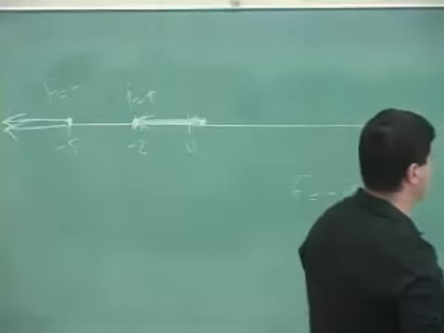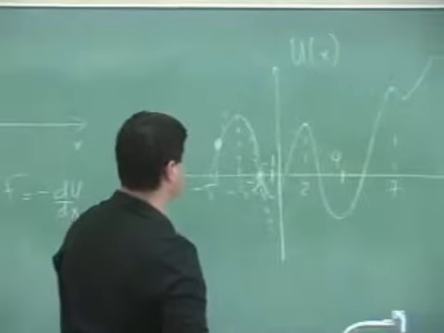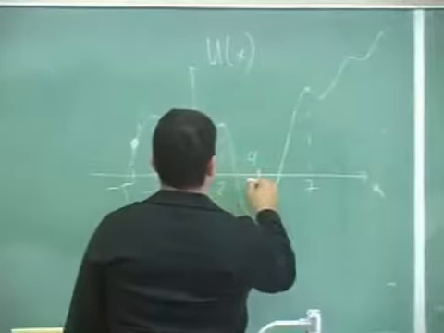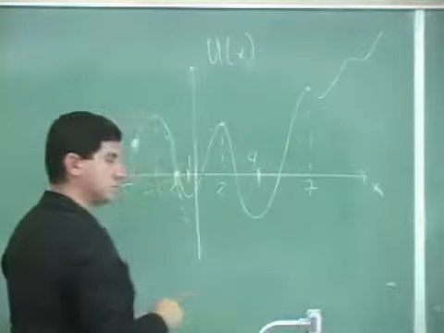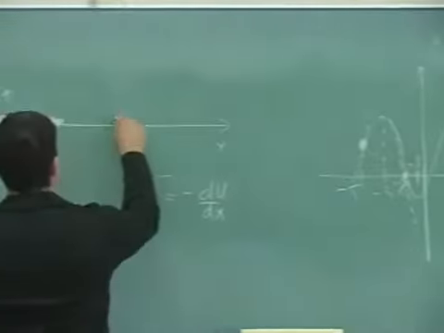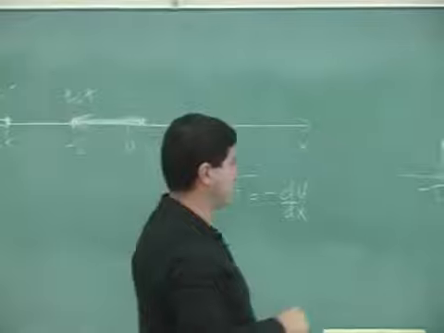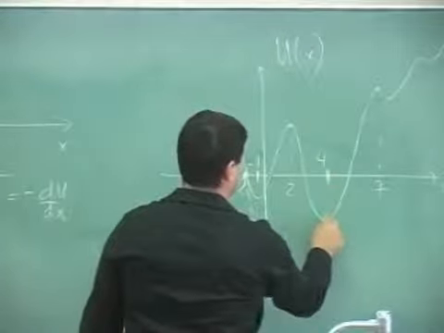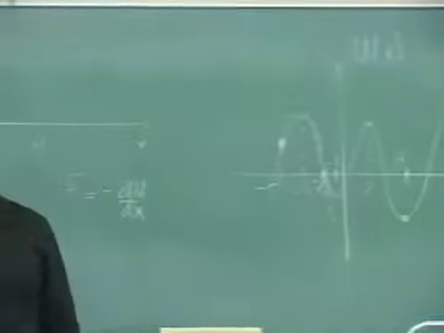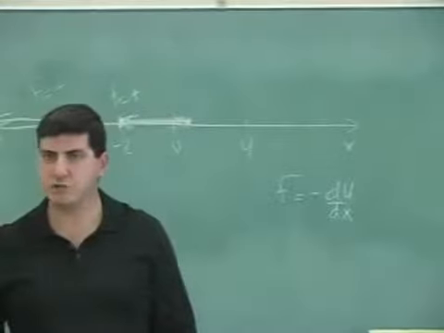Okay, how about if the object is placed at x equals 4? What happens to the object?